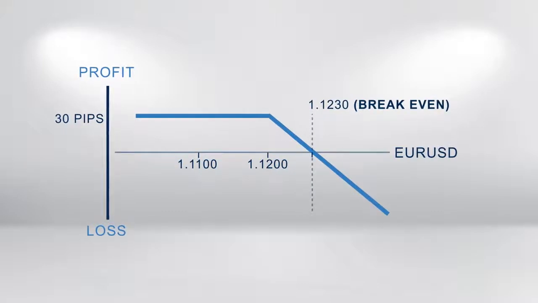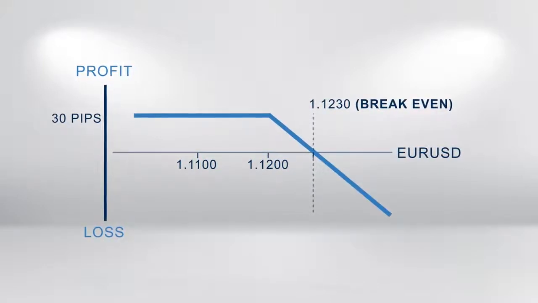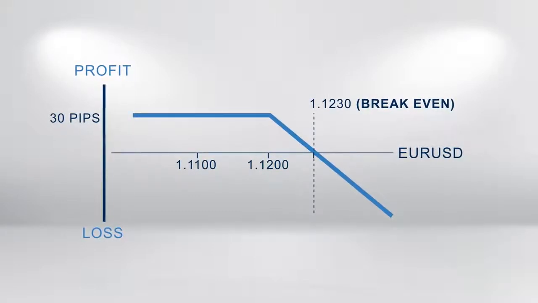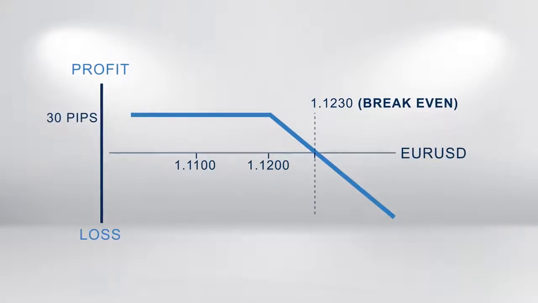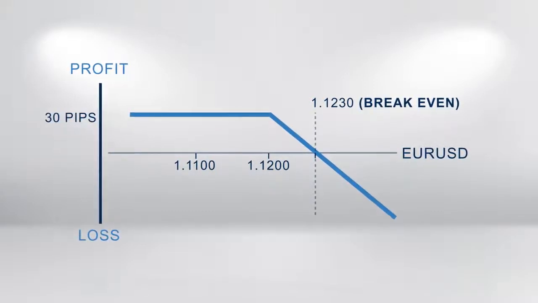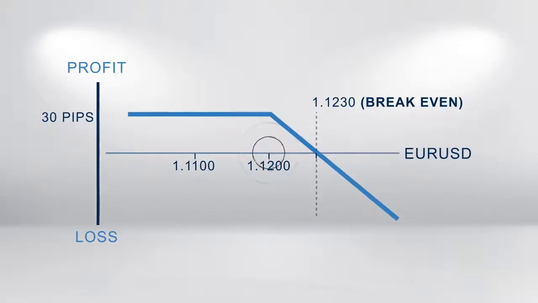However, if euro-dollar trades above 1.1200 at expiry time, then the owner of the option will exercise the option, and we have the obligation to participate in the trade and offer him to buy euro-dollar from us at 1.1200.